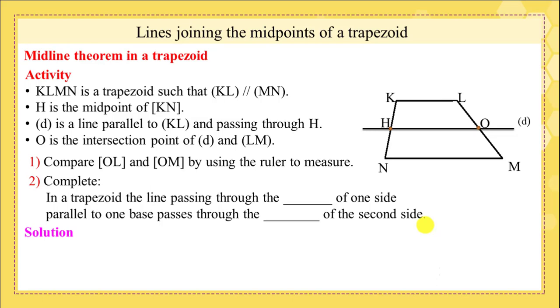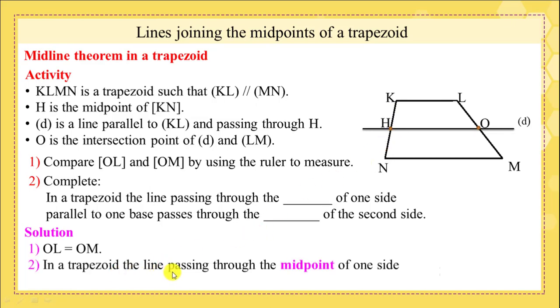Solution: 1. By measurement we get LO is equal to OM using a ruler. 2. We have to complete. In a trapezoid, the line passing through the... Here you have a trapezoid KLMN. The line D is passing through the midpoint of one side, which is KN.